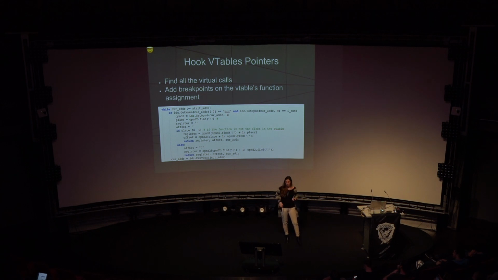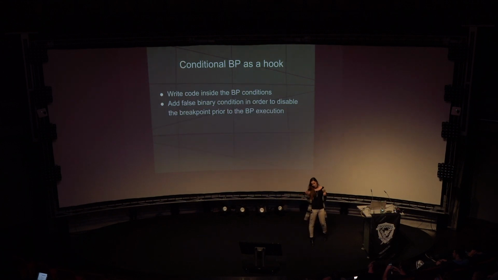It's not a very complicated one. I know there is a lot of code here, but I'm going to publish my tool on GitHub afterwards. So if someone is interested, you can just go and see what is there. If I add breakpoints on the Vtable assignment, I can get the pointer to the Vtable and then get all the functions. This is what I thought about.